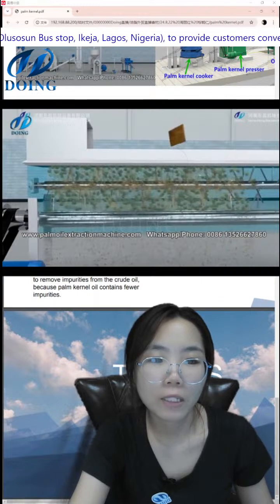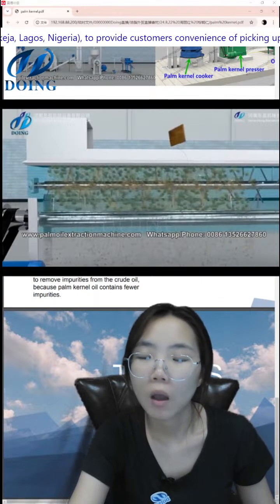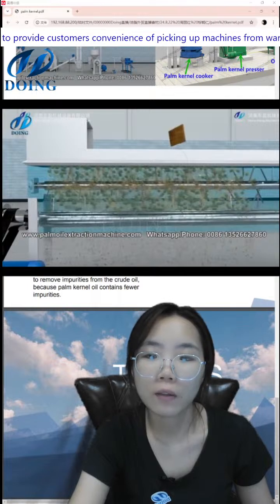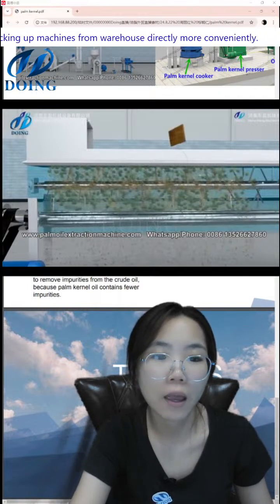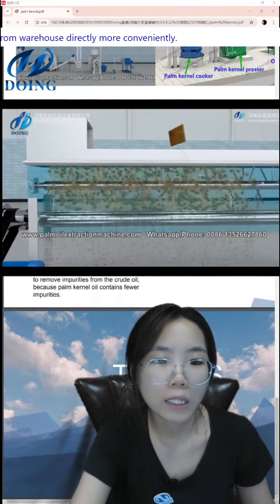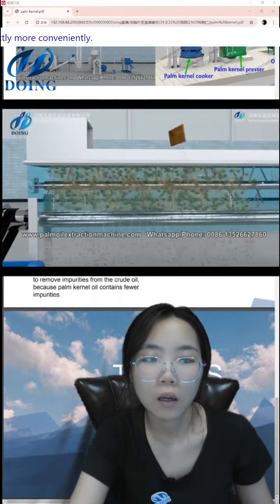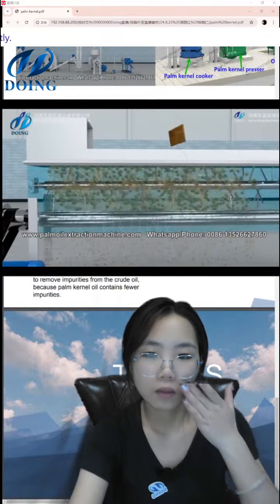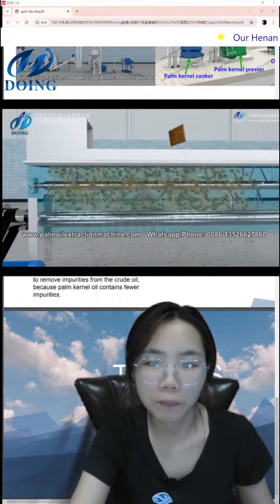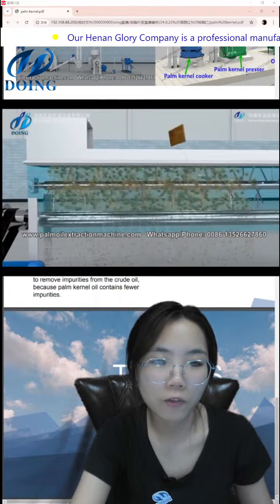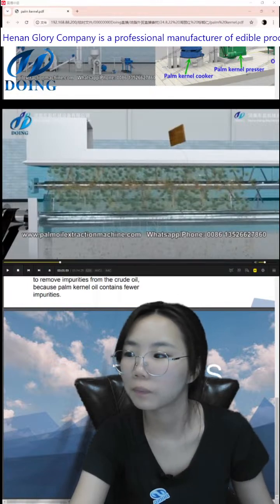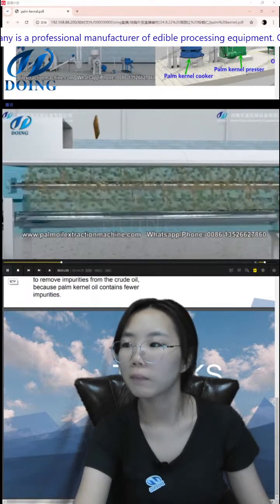Its processing capacity is 2 to 4 tons per hour, with a large processing capacity and high efficiency, which can achieve a good separation efficiency.